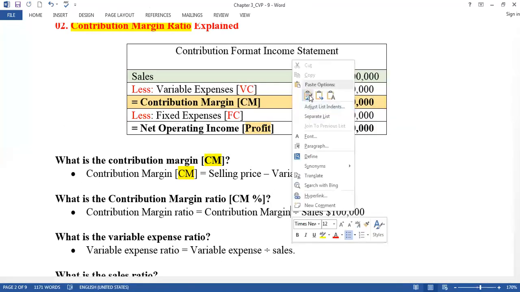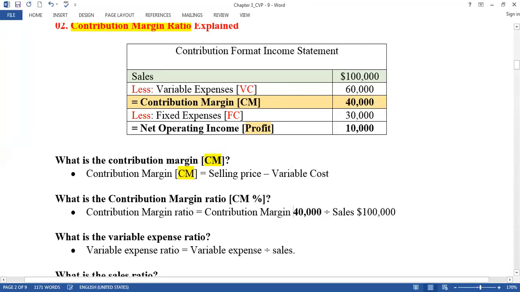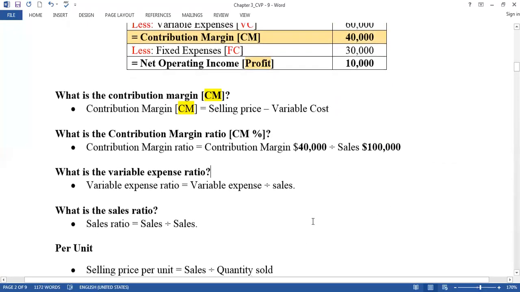Contribution margin divided by sales will give you the CM ratio. So we already know how to calculate CM and the CM ratio.